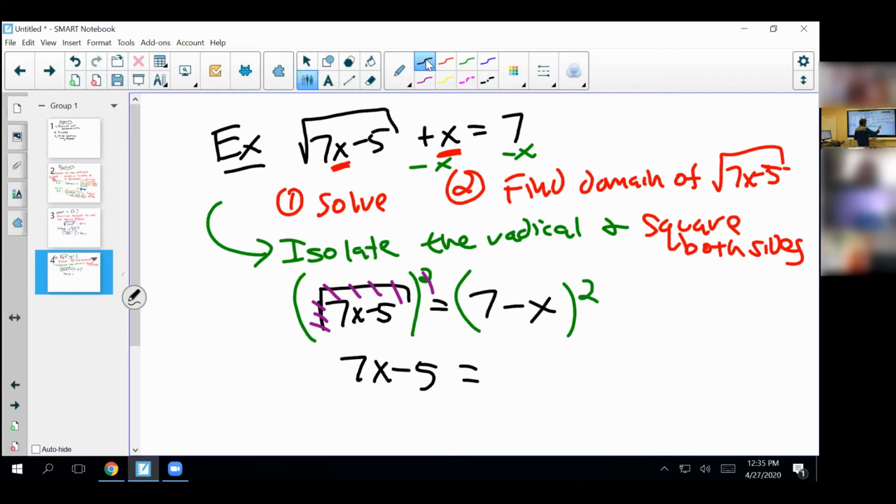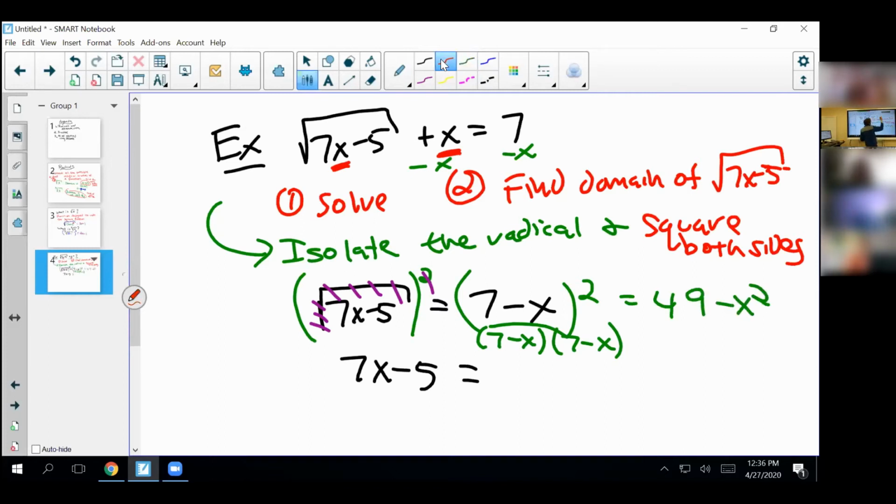So if I square this, I'm going to think of this as x minus 7 times x minus 7 and FOIL it. I say of course, but this is actually something that people forget a lot, so I might point this out as a very common error. A lot of people just say, oh, this is 49 minus x squared.